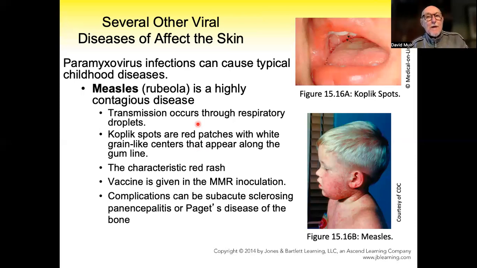And that's also called Paget's disease. And it's an infection and inflammation of neural tissue of the brain. A very nasty disease. So this vaccine, the MMR vaccine, is a very, very important vaccine.